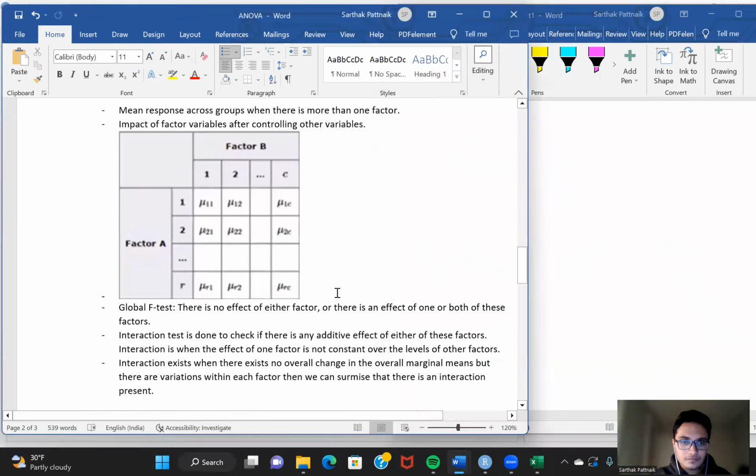Basically, an interaction exists when there is no overall change in the marginal means, but there are variations within each factor. Only then can we surmise that there is an interaction present.